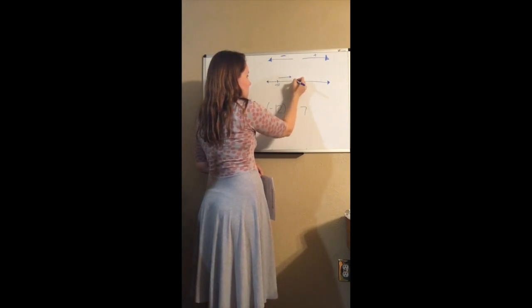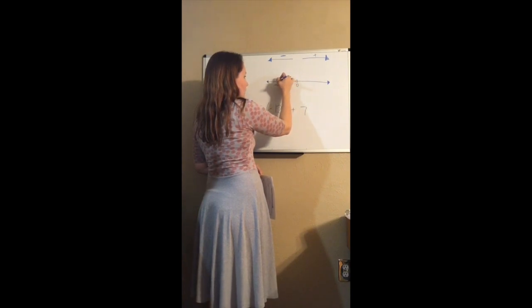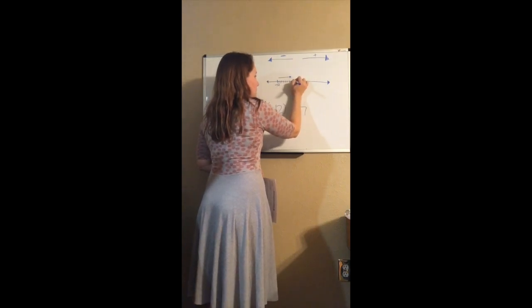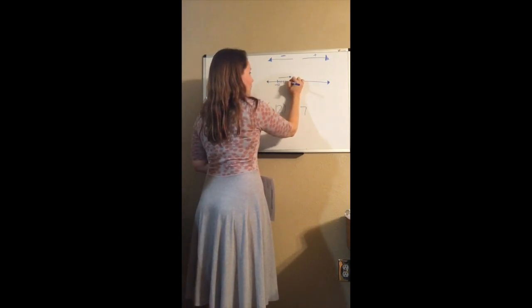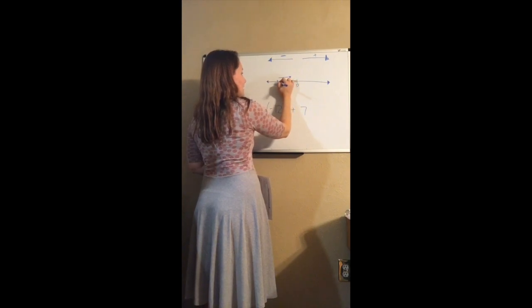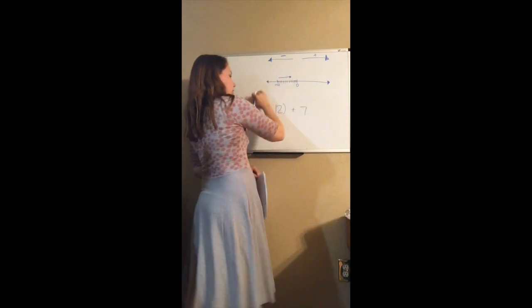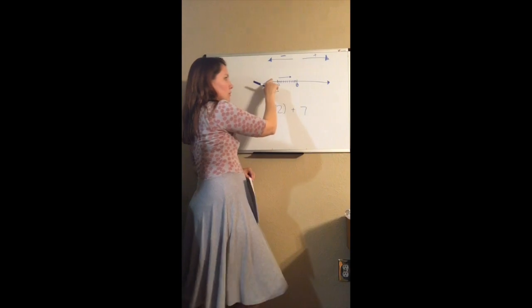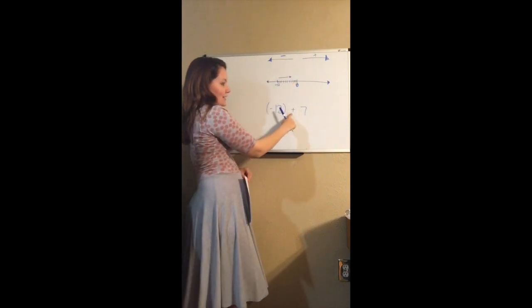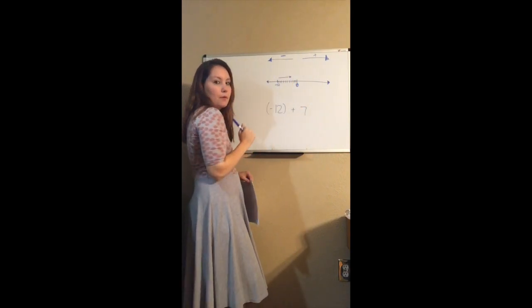7 places. So I'm going to go 1, 2, 3, 4, 5, 6. I think that's right. 1, 2, 3, 4, 5, 6, 7, 8, 9, 10, 11, 12. Okay, so I wrote in 12 numbers right there. I know I'm going to be moving to the right because I'm adding a positive number.